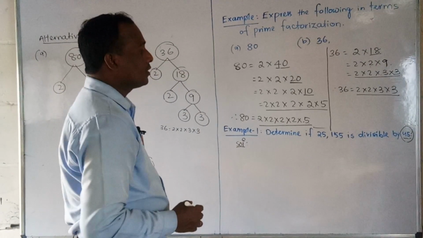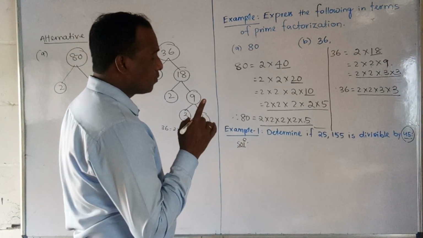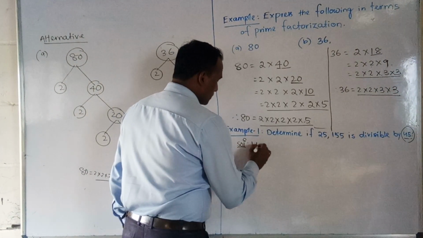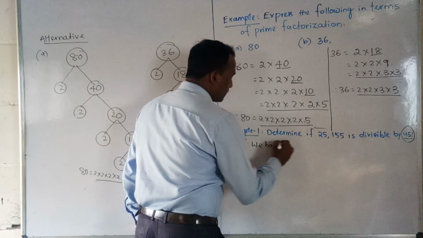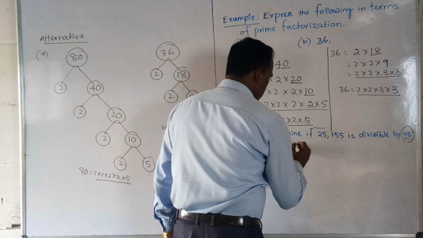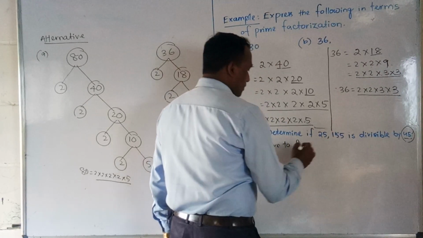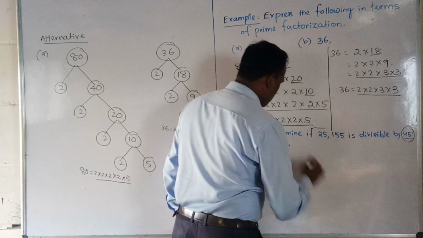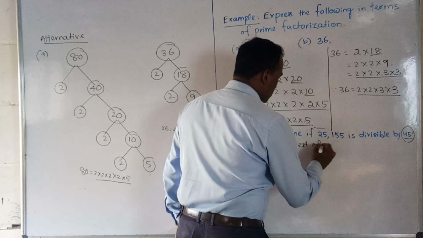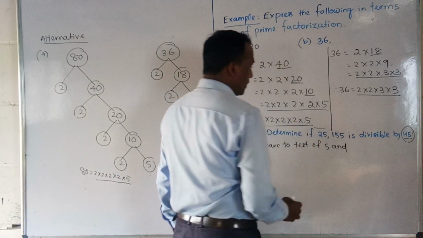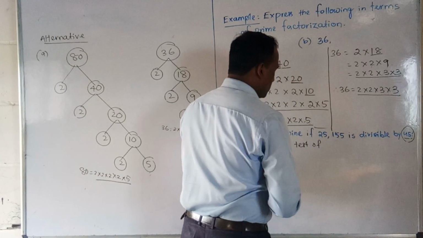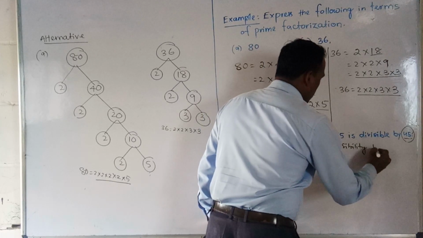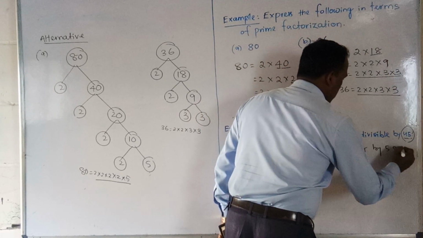First of all, we have to test whether the number is divisible by 9 and 5, so we have to check the test of divisibility by 5 and 9.